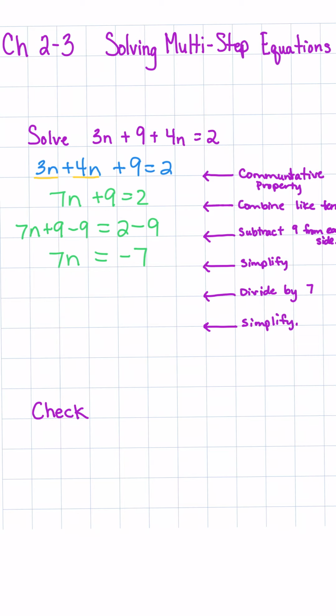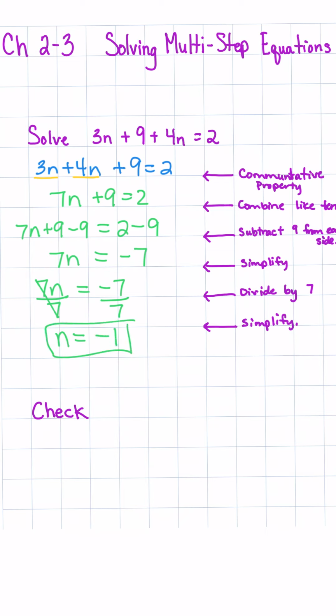Now we're going to divide both sides by 7. So we have 7n divided by 7 equals negative 7 divided by 7. Simplify that, and we are left with n equals negative 1.